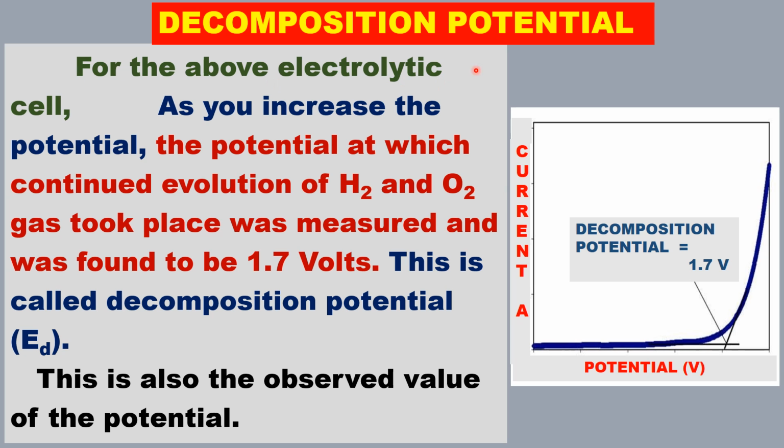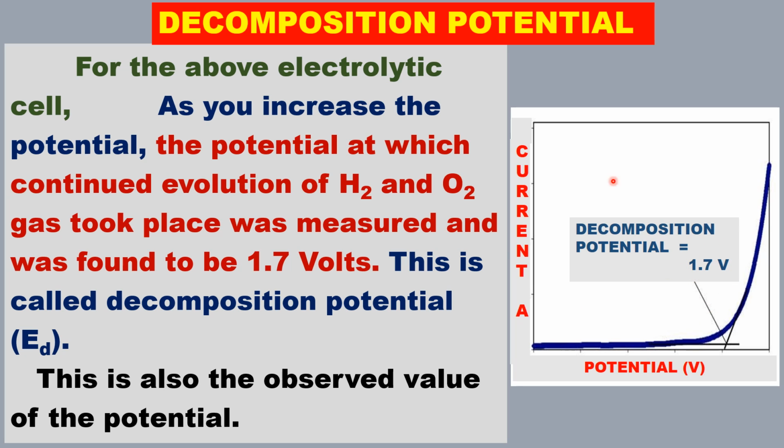For the above electrolytic cell, as you increase the potential, this is the decomposition potential, 1.7 volt. At this potential, evolution of hydrogen and oxygen gas take place. This potential was found to be decomposition potential, because water is decomposed into hydrogen and oxygen gas. So this potential is called decomposition potential.